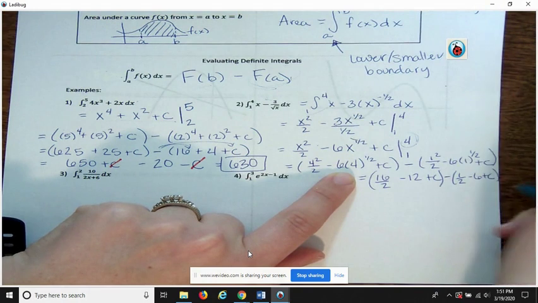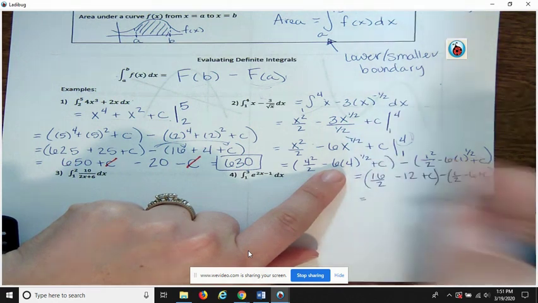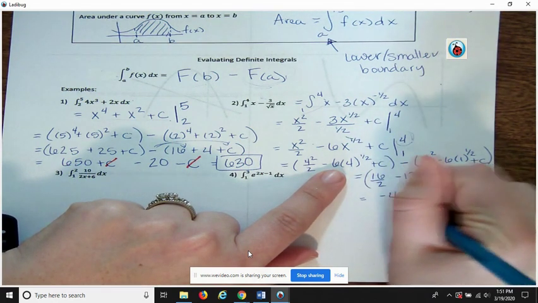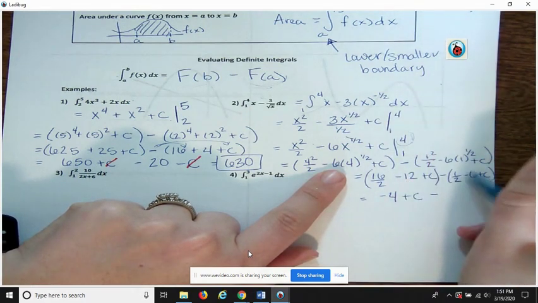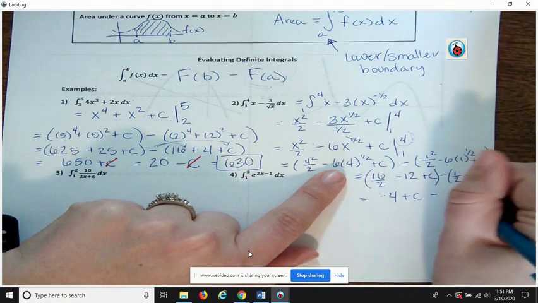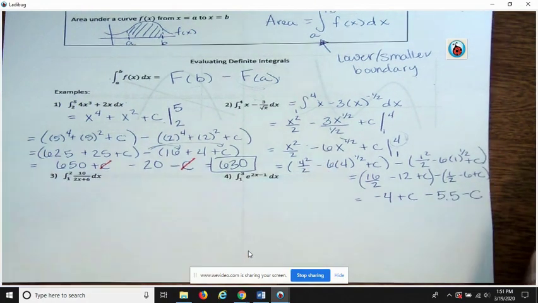And then when we simplify that even more, I should get 8 minus 12, which is negative 4 plus c. And then minus, so negative 6 plus 1/2 is going to give me negative 5.5. And I'm subtracting c. And now my c's can cancel.